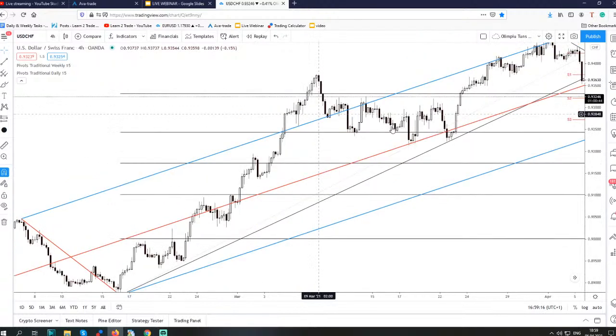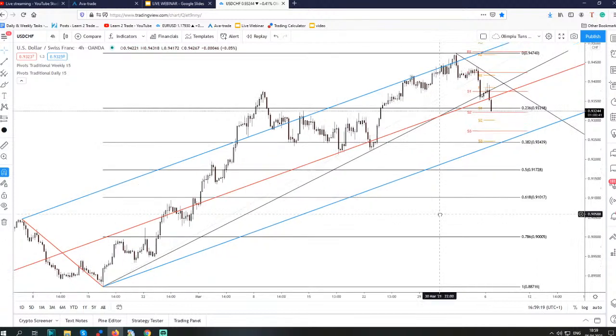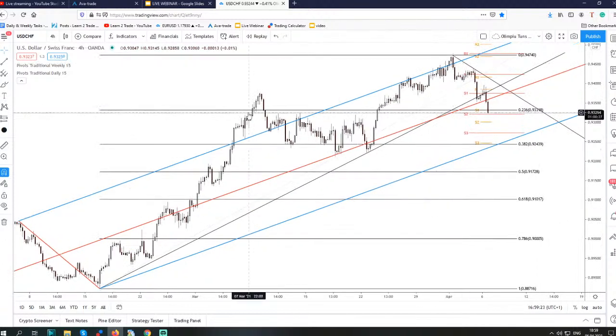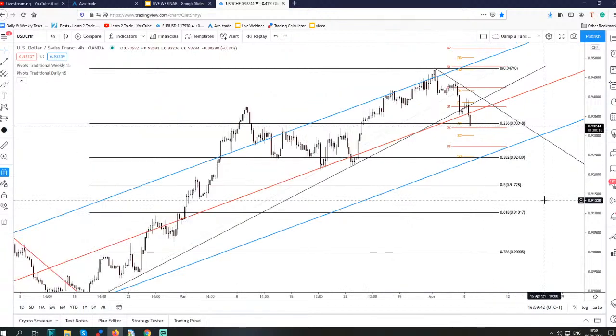Okay, and as you can see here, the price dropped again below the upper medium line, retested the medium line, we had another increase here, but this bearish engulfing right on the upper medium line, around R1 or R2, has signaled a potential correction on the US dollar versus the Swiss franc.